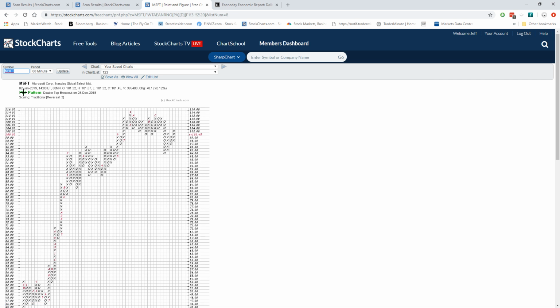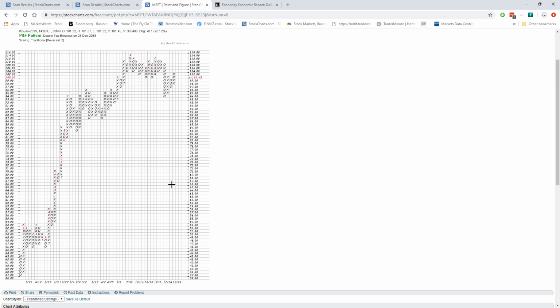And you can see this is a double top breakout, December 28th. Okay. What is this? It's in a bullish mode right here, okay? That can switch from day to day relatively quickly. But on this hourly chart, it doesn't switch all that much, right?